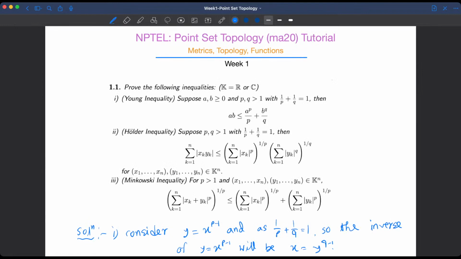Then the inverse of this will be x equals y to the power 1 by (p-1), and 1 by this will be q minus 1, right?